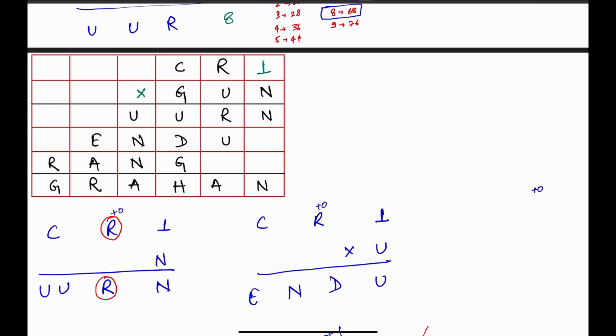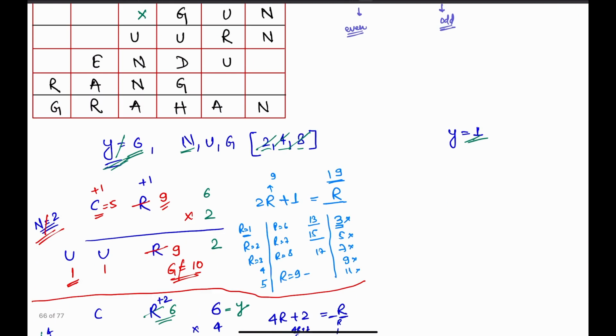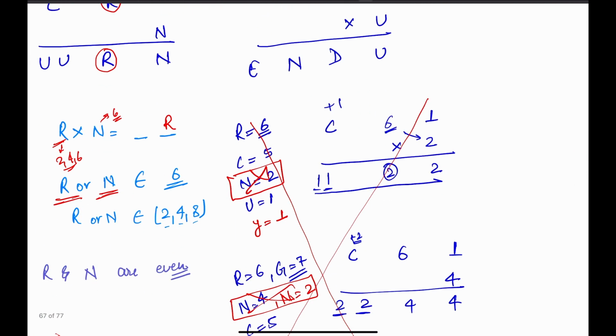Let's, my r will be 6 now. Just replace now. R will be 6. Here also 6. R here also 6. If my r is 6, my g will be 7. My g will be 7. No, my n is 6 na. What I am doing, my n is 6.